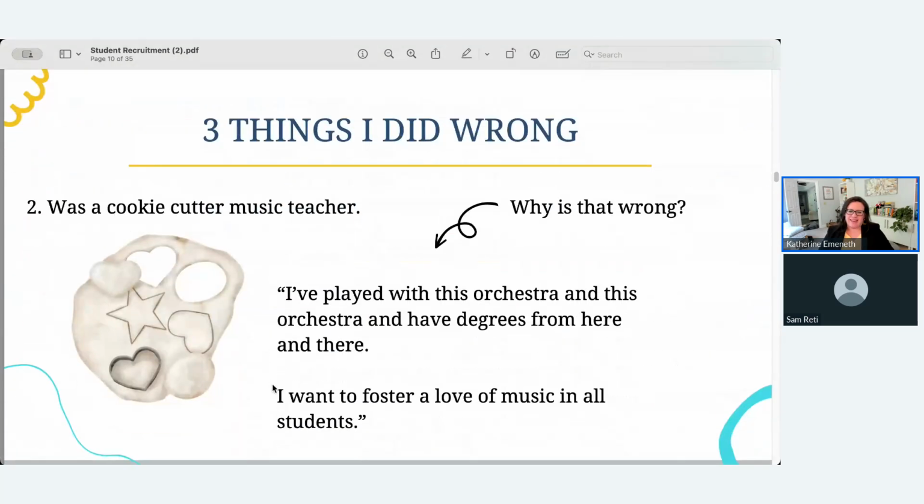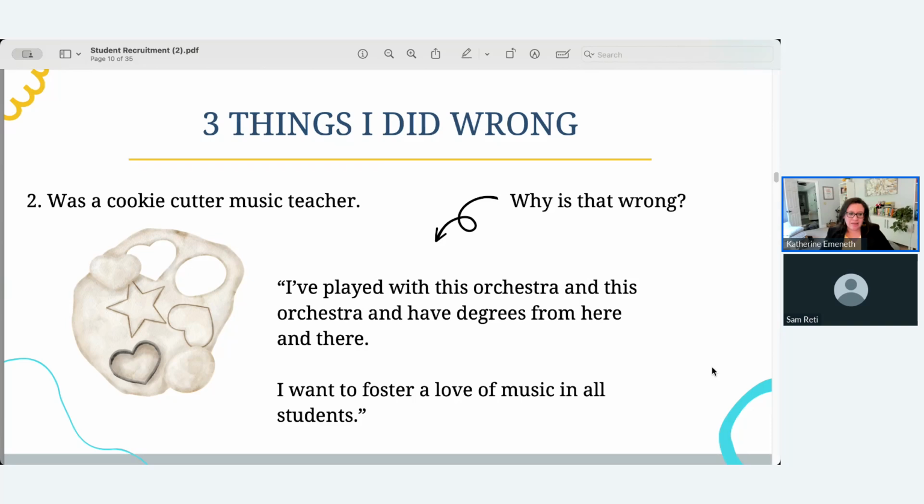The second thing that I did wrong, and that many, many private teachers do wrong, is I was a cookie cutter music teacher. It's not our fault. When you go to music school, you're taught to play Mozart this way. You're taught to play Beethoven this way. You're taught to give a recital this way. You're taught to bow this way.